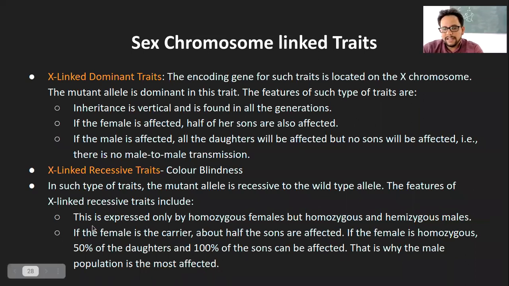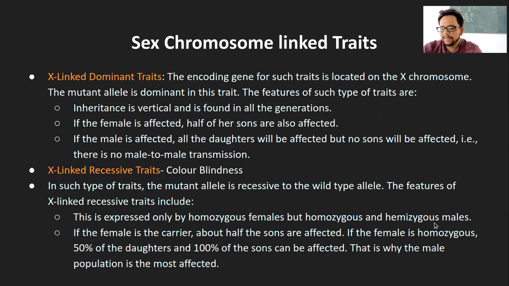So this is expressed only by a homozygous female. That means both the alleles of that X-linked character have to be present in that female. So that is when she is homozygous, and then only it will be shown. But the hemizygous males will show it.